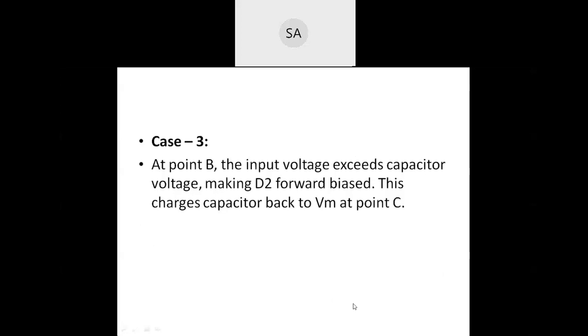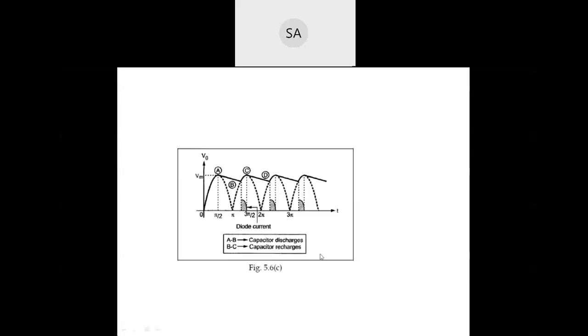And case 3. At point B, the input voltage exceeds the capacitor voltage, making D2 forward biased. This charges the capacitor back to Vm at point C. So after reaching point B, the capacitor voltage will again start charging. Why?